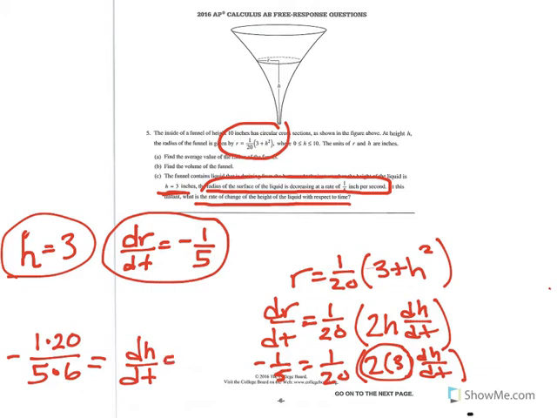I could leave it like that, but it shortens into negative 20 over 30, which reduces down to negative 2/3. I could leave it like that. I do not need units of measure because none of them were indicated on the problem.